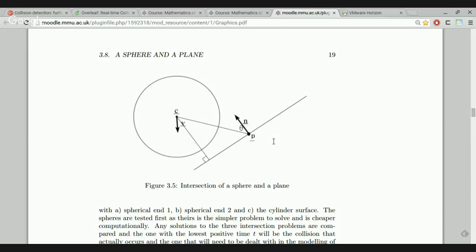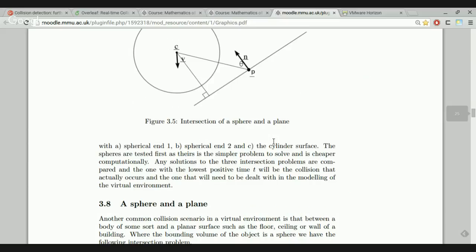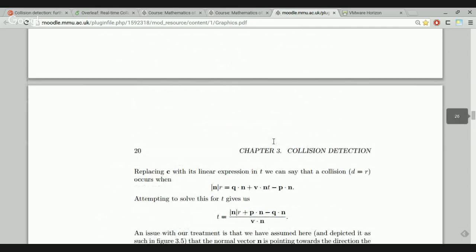Now I've chosen and depicted it, and that had consequences in how we analyzed the triangle, that the normal vector N was pointing to the side of the plane where the spherical object was. And that set up the angle theta there like that. Equally well, N could be pointing down here. So we don't want to build that assumption into our model.